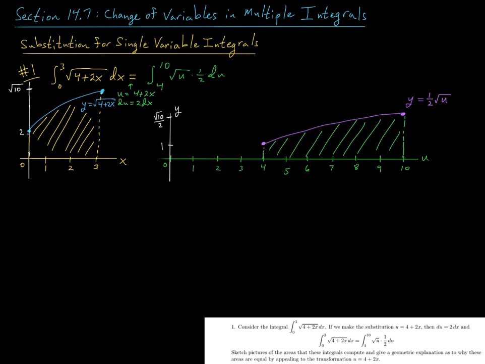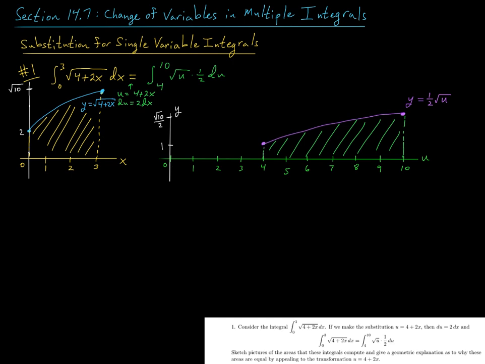And I've included these labels here on the vertical axes to really just highlight that. The range of this blue curve is from 2 to the square root of 10, whereas for the purple curve, it's from 1 to root 10 over 2. So it seems totally plausible that combining a vertical compression by a factor of 2 and a horizontal stretch by a factor of 2 would preserve area.